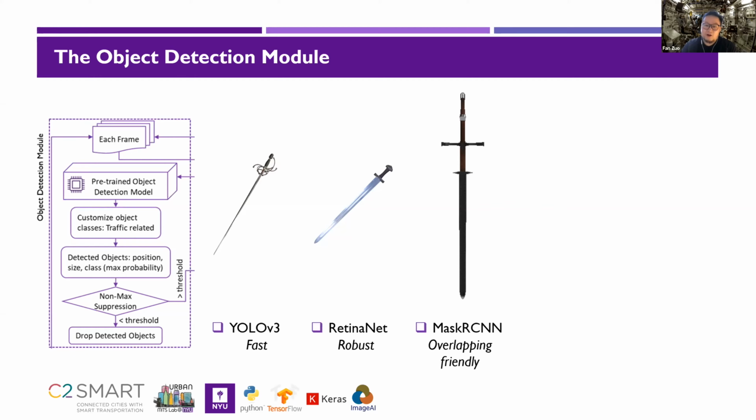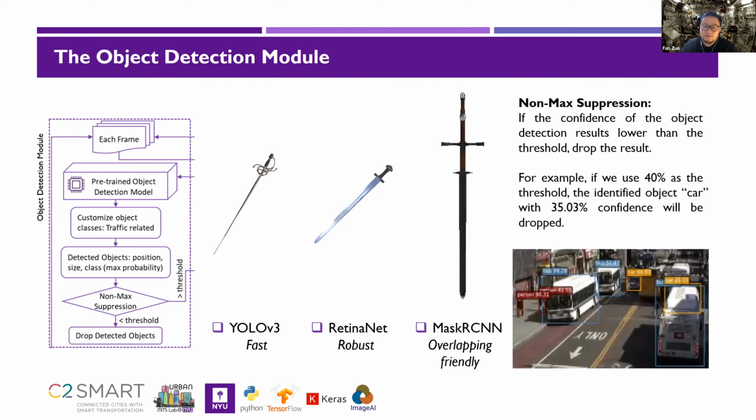So in order to evaluate these three models, we use non-max suppression. Each model will provide a probability for each possible category and pick the category with the highest probability as a result. So we can consider the probability as a belief score from the model. Non-max suppression means if the confidence score is lower than some threshold, the result will be dropped.